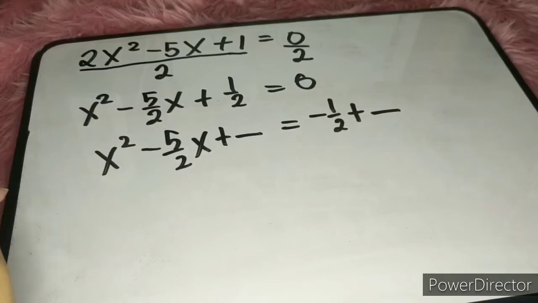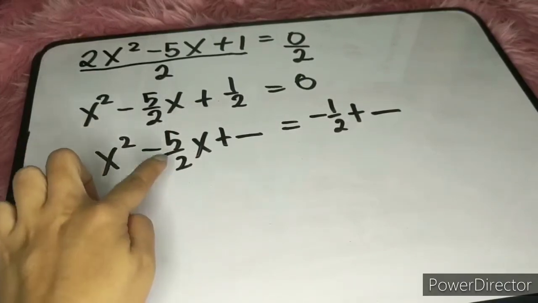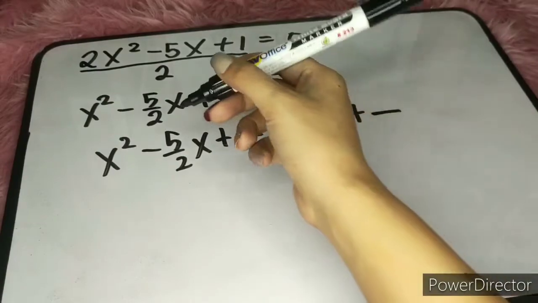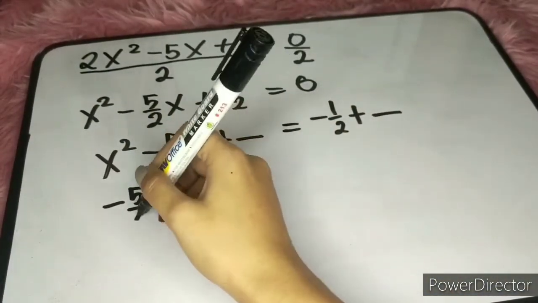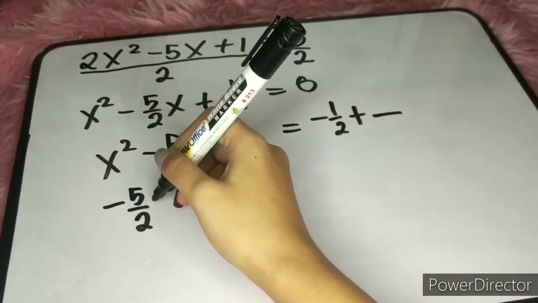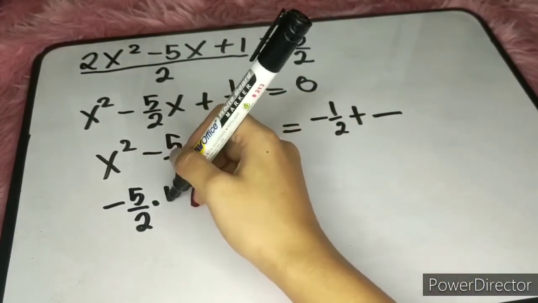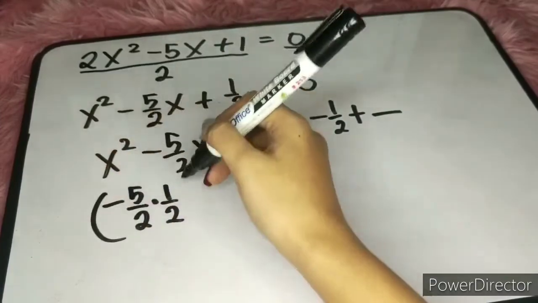And this time our b is -5 halves, the coefficient beside the first degree term. Since this is a fraction, what I do is I will be multiplying it by 1/2.